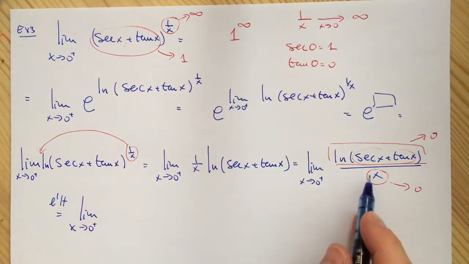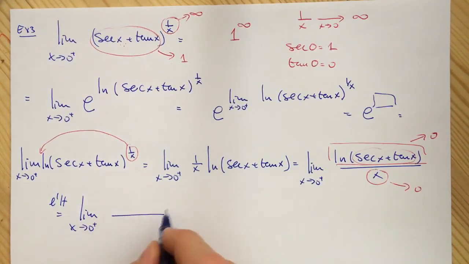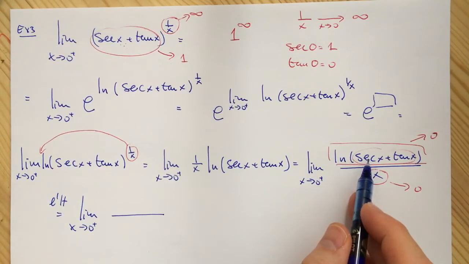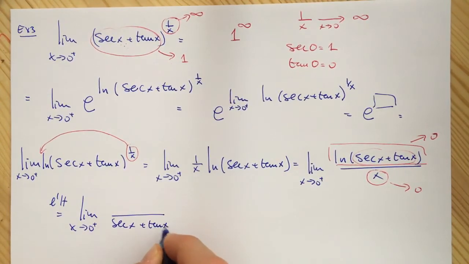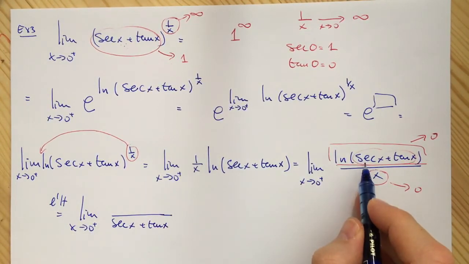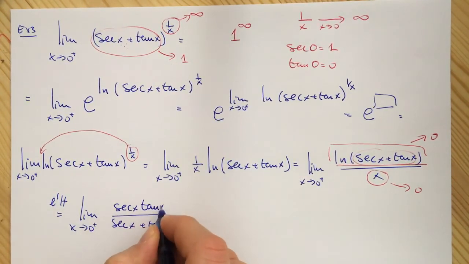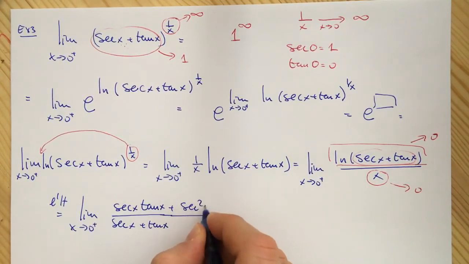Find the derivatives in the numerator and in the denominator. Derivative of x is 1, so we're left with derivative of ln of u by the chain rule is 1 over u times u prime, so that's 1 over secant of x plus tangent of x times the derivative of secant of x, which is secant x times tangent x, plus derivative of tangent x, which is secant squared x.